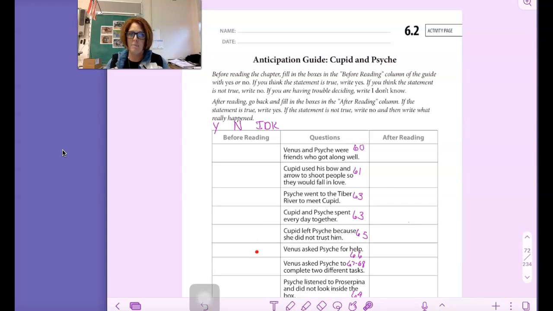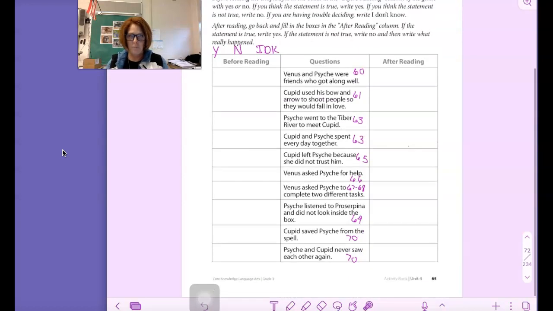That's it. Venus asked Psyche for help. Y, N, or IDK? Venus asked Psyche to complete 2 different tasks. Psyche listened to Proserpina, I think that's how you say it. Psyche listened to Proserpina and did not look inside the box.